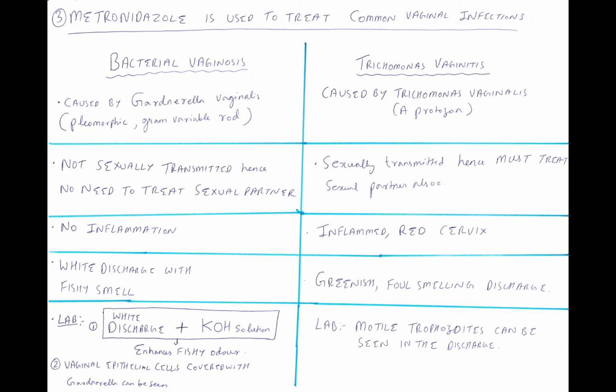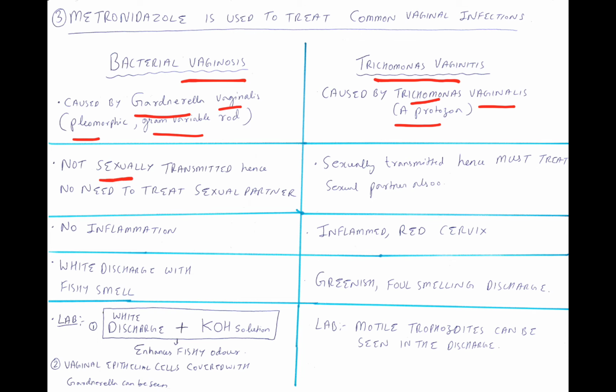Bacterial vaginosis is caused by Gardnerella vaginalis, a pleomorphic gram variable rod bacteria, whereas Trichomonas vaginitis is caused by Trichomonas vaginalis. It is a protozoa.